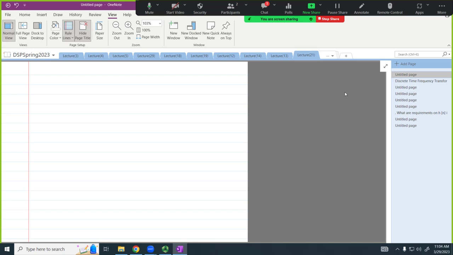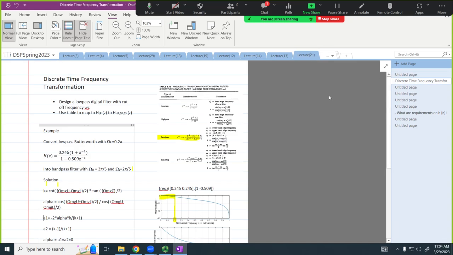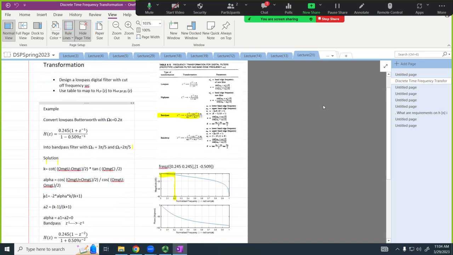Now also we said the other method of designing the filters is to design a digital filter and then convert that digital filter from a low-pass filter to any other filter using the table that has the formulas for that transformation. So this is the example that is in the book. I'm just going to quickly go over it.